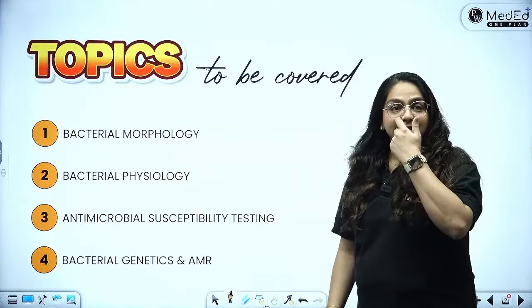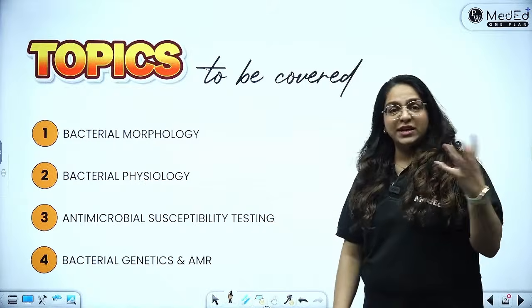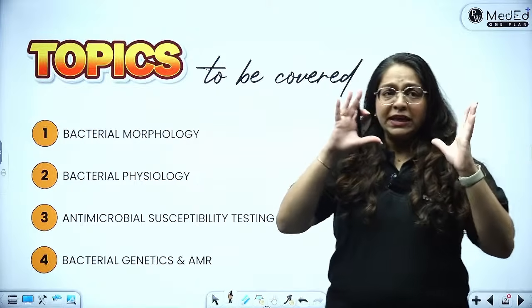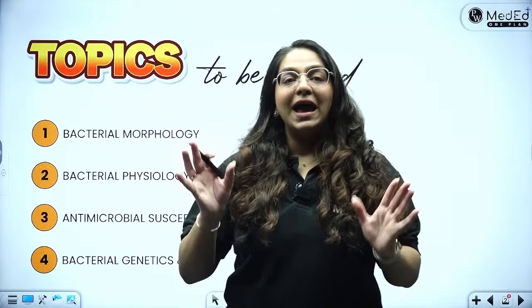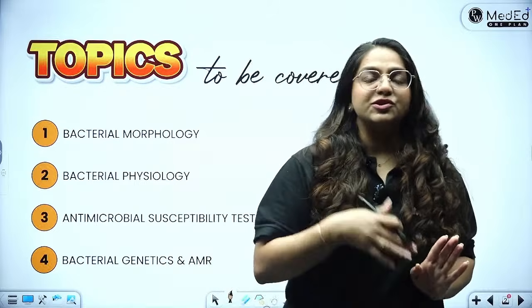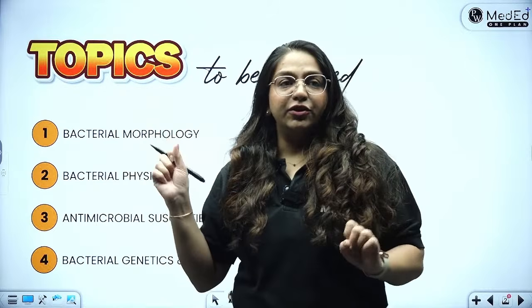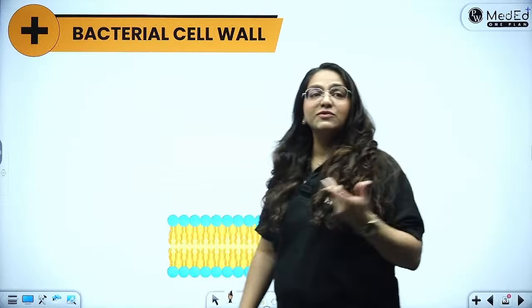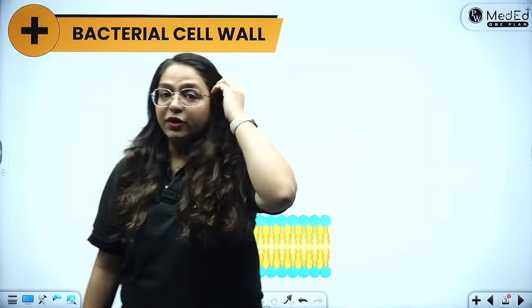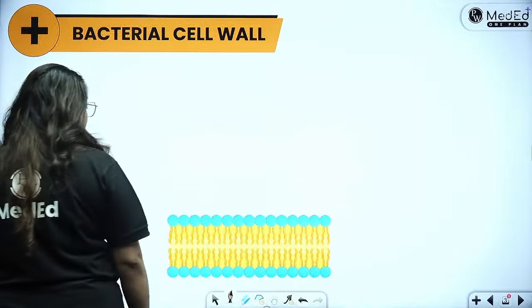Then AST testing, all the methods, and bacterial genetics, including the mechanisms of antimicrobial resistance, and of course we're going to discuss transformation, transduction, and conjugation, right? So let's quickly begin talking about bacterial morphology, in which the bacterial cell wall is one of the most important asked questions. So you should definitely know the morphology.